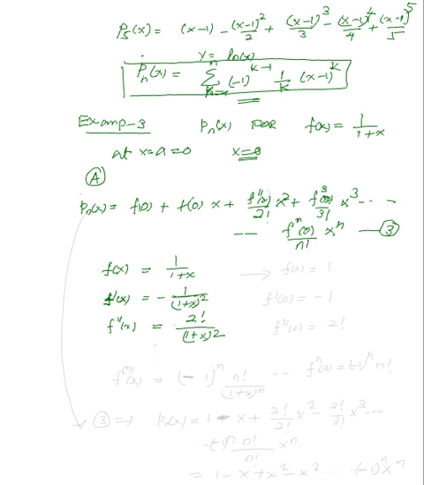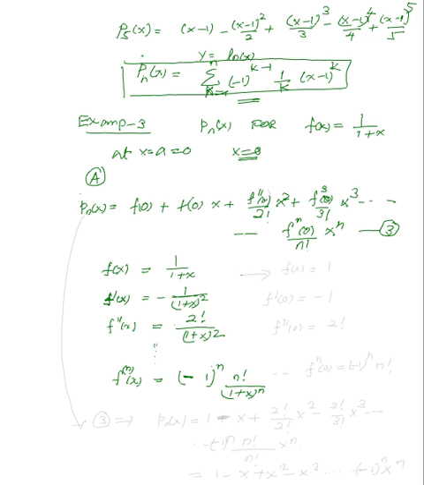And if you go on finding the derivatives, you might find that the nth derivative at x is negative 1 to the nth power of n factorial divided by 1 plus x to the power n plus 1.